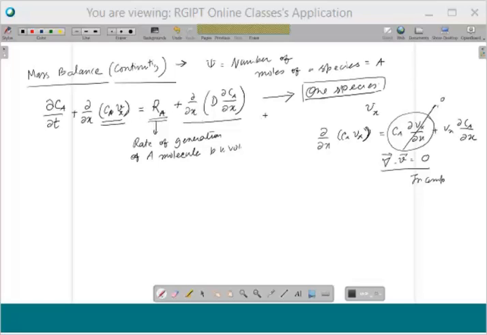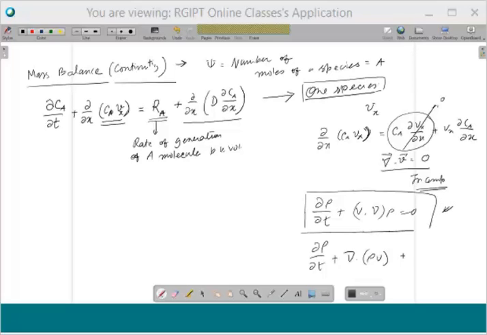So the right hand side was 0, and as a result, we obtained the formula del rho by del T plus V dot del rho equal to 0. That was for incompressibility. So in general, del rho by del T plus del dot rho V equal to 0. This is what was in general for compressible or incompressible.